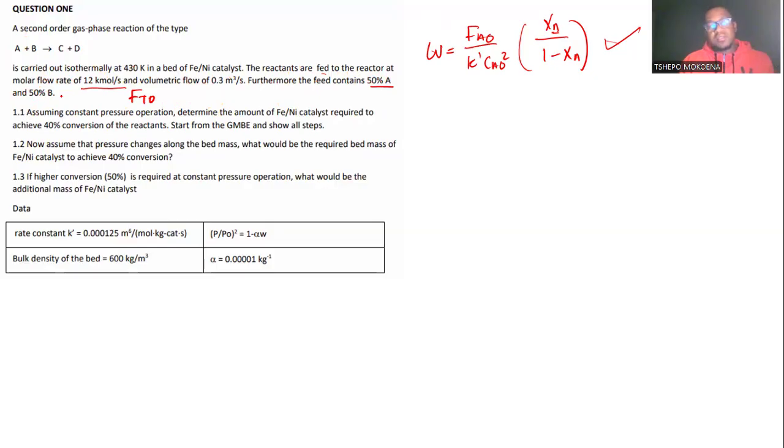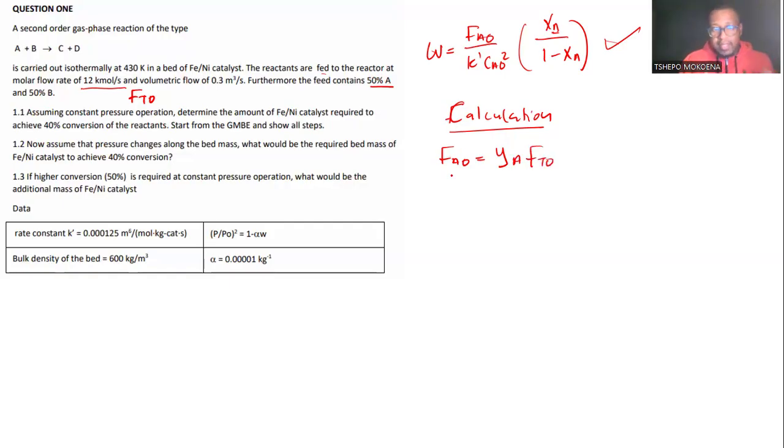Then the question is, how can we calculate FAO and FBO? So now we're going to do calculations. Let me start there. FAO is equal to the composition, which is 50% of A, multiplied by the total.